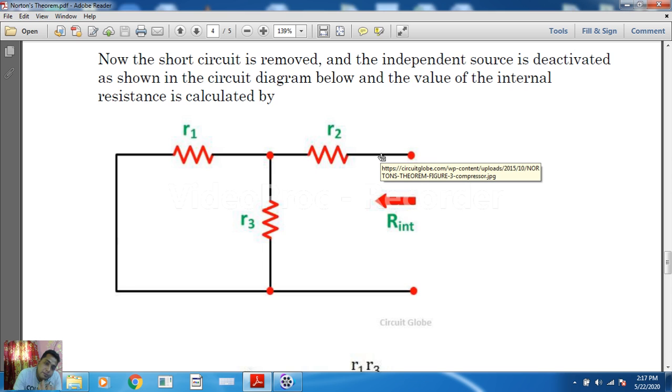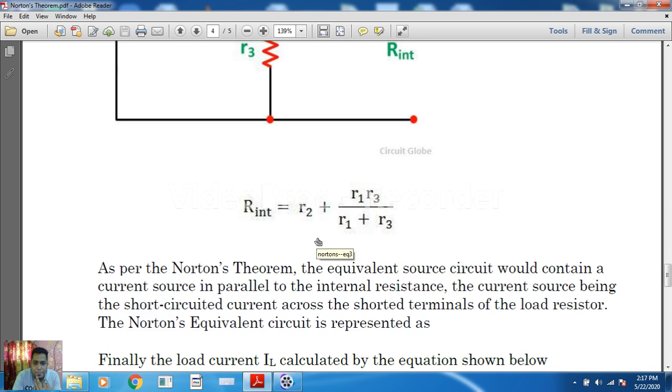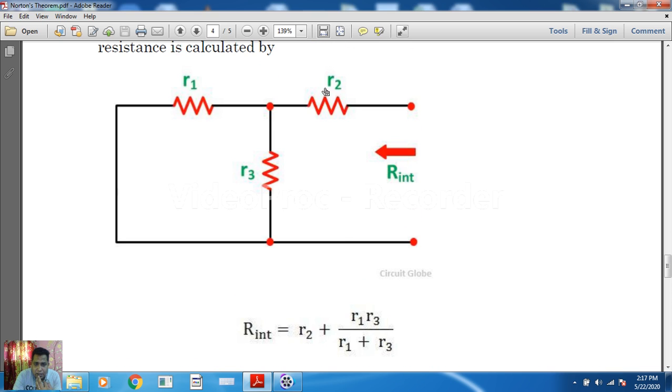So the same result will appear whether we think current is entering from here or from here. In both cases, R1 and R3 are in parallel with R2 in series, correct? So R2 in series with R1 R3 in parallel, multiplication by summation.